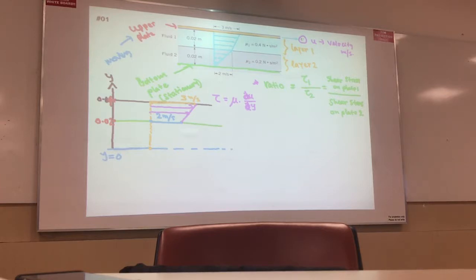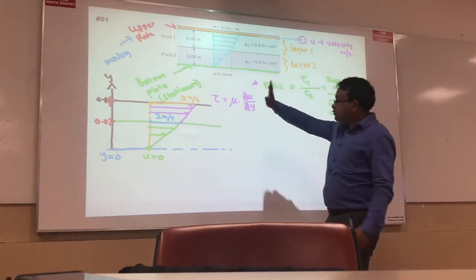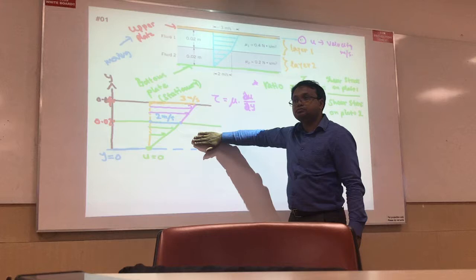At the bottom of the plate, you can see the velocity profile is like this. It's different, right? Here is this profile, here is this profile, and at y equals 0, at the point, u is 0. Okay? So here is layer 1, we assume this is layer number 2.